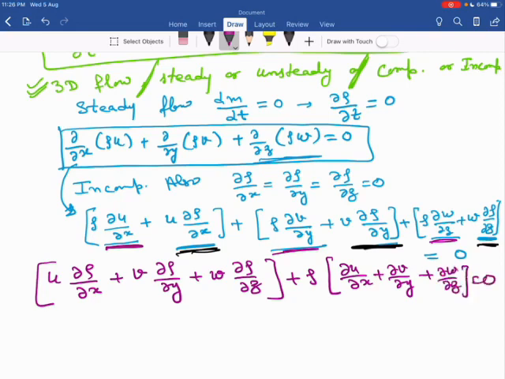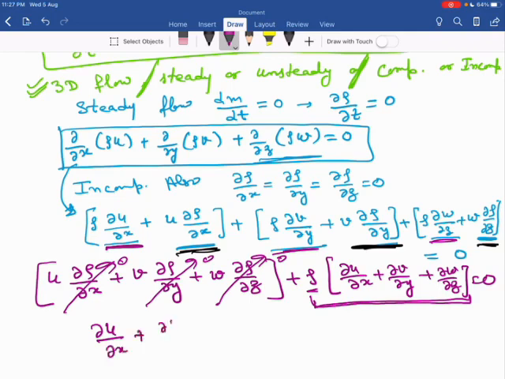So if flow is incompressible, this term is 0, this term is 0, this term is 0. So we are left with only this part. This is the product, so again ρ becomes 0. So now we have a simple equation: ∂u/∂x plus ∂v/∂y plus ∂w/∂z equal to 0.